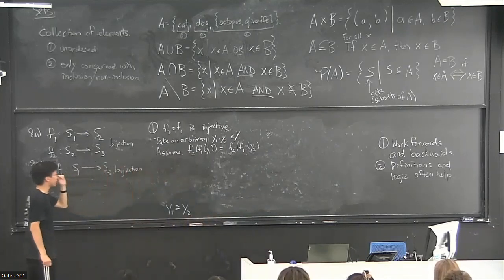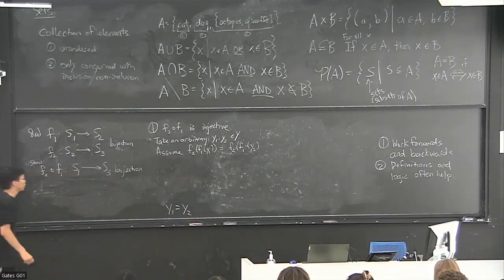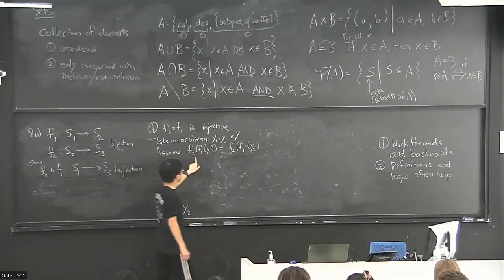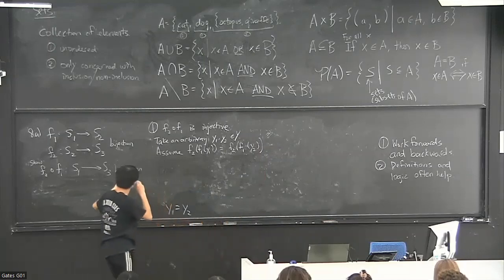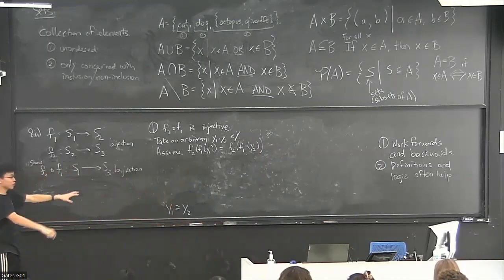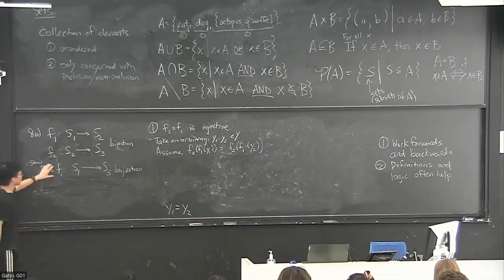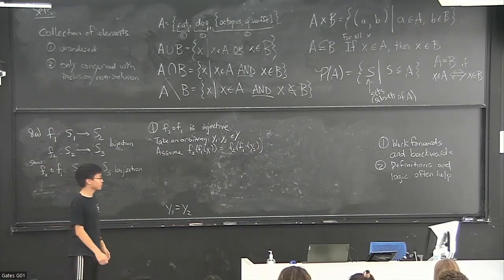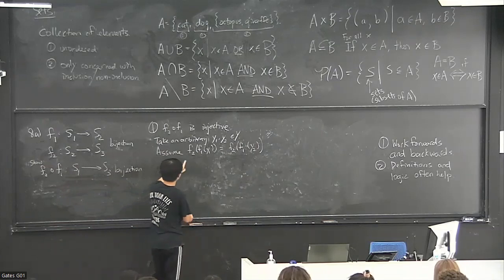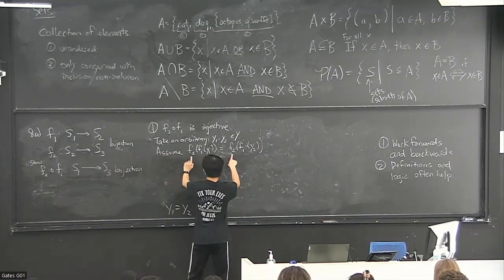What do we do here now? Recall what we actually know. We want to look for stuff that we haven't used yet, but we still know. We know f1 and f2 are in themselves bijections. So that means f2 is an injection.